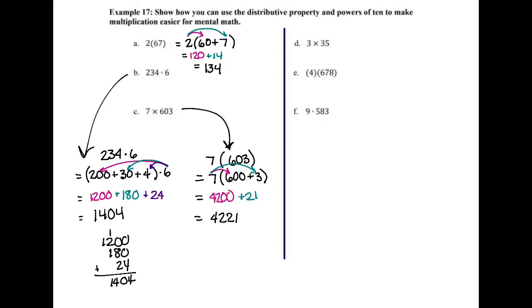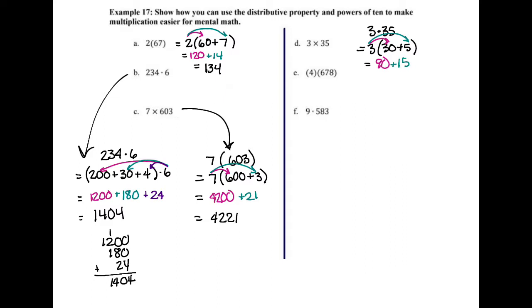Okay, let's do them over on this side. So 3 times 35. I'm going to space them out all over this side like I did on the last one. So 3 times 30 plus 5. So we have 3 times 30 is 90. And 3 times 5 is 15.